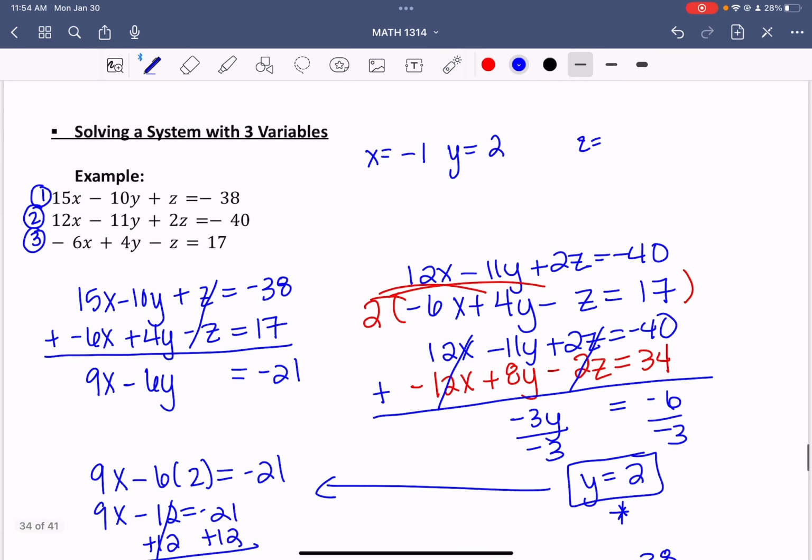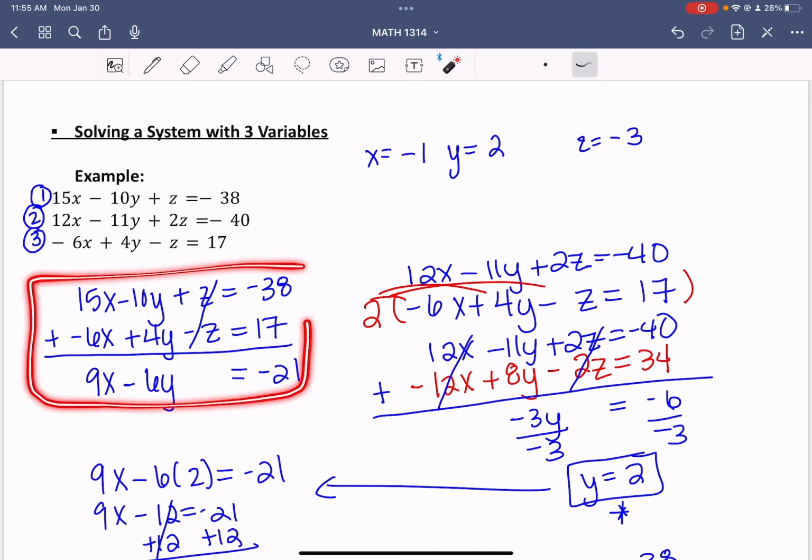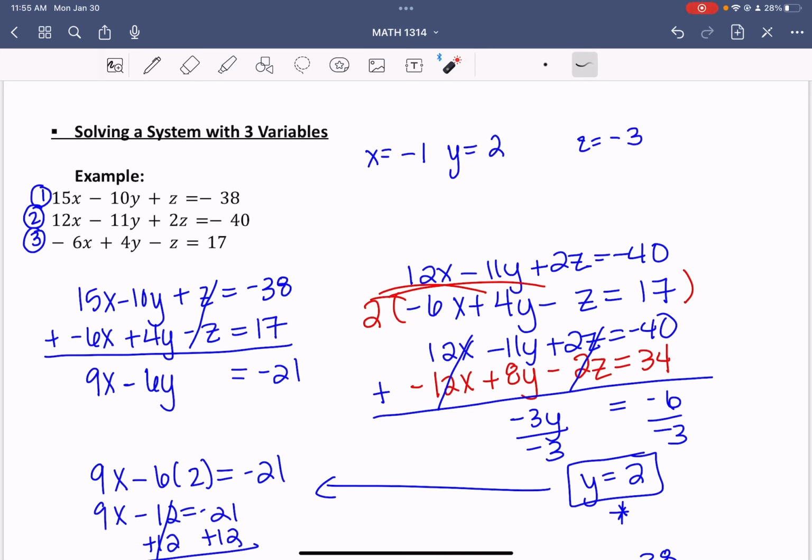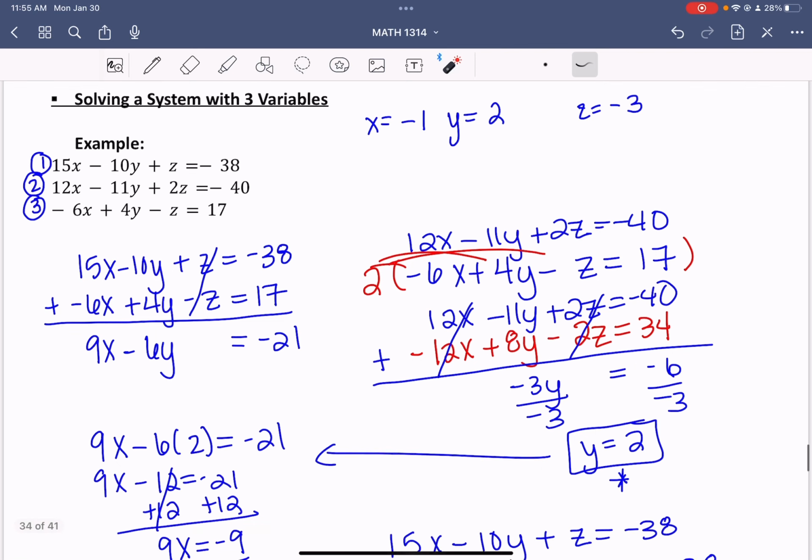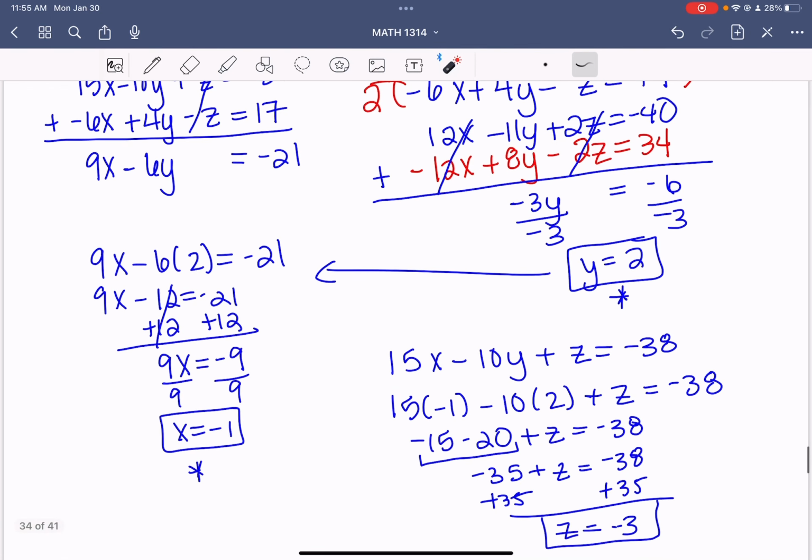You can see what we were able to implement in these 3 variables. In the first step, we used 2 equations in elimination to get it to x and y. In the next step, we used two equations in elimination, and it actually gave us a y value, so we went back over here and found the x value. Then we took both the x and y values and plugged them into an equation to solve for z.